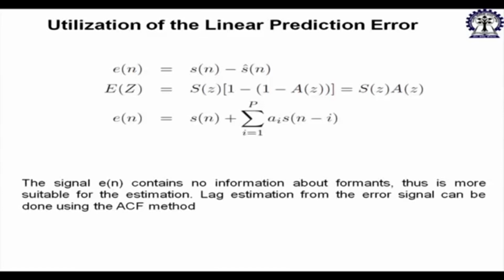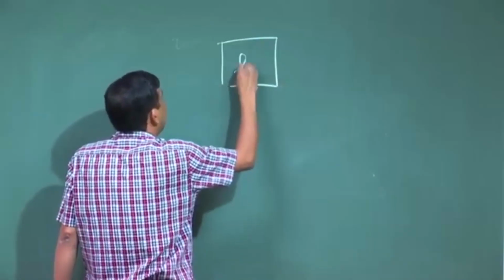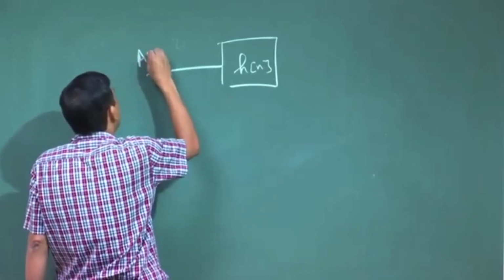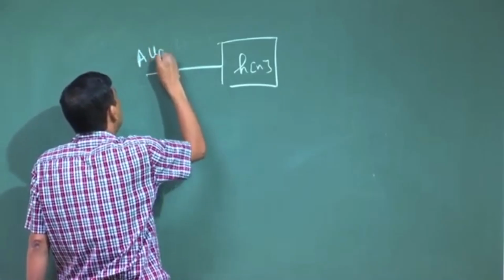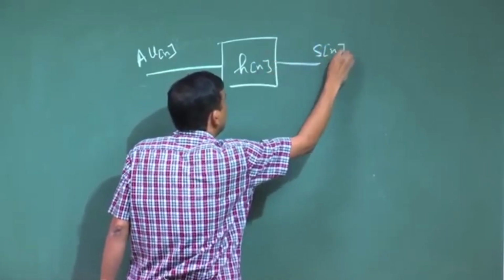Another procedure, instead of taking the signal, if you remember in LPC analysis, if this is my vocal tract transfer function H(n), and if I apply u(n), then I get the speech signal s(n).